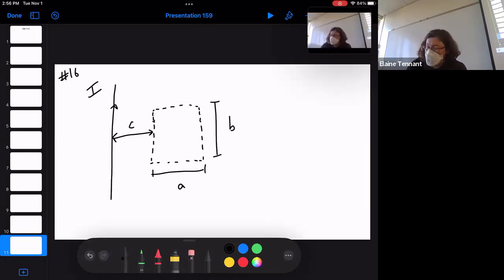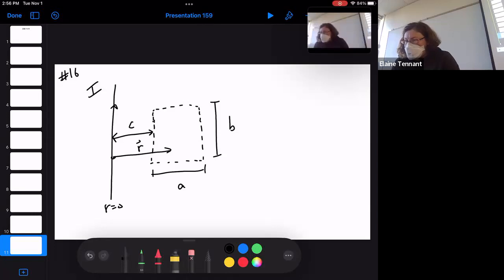And I'm going to set up my coordinate system so I can talk about some distances from the wire r. So r equals 0 starts at the wire, points out. I would like to find an equation for the magnetic field in this region. Sound reasonable?